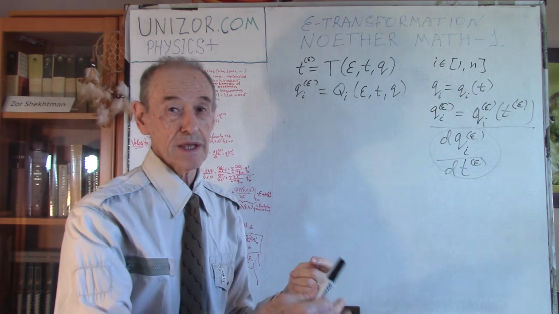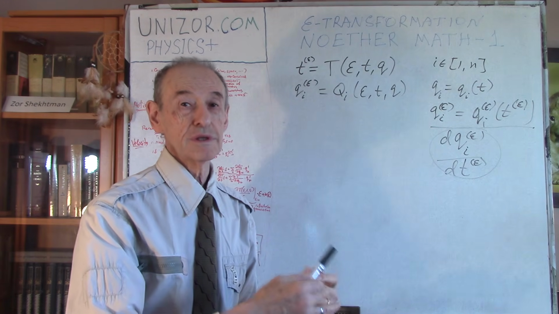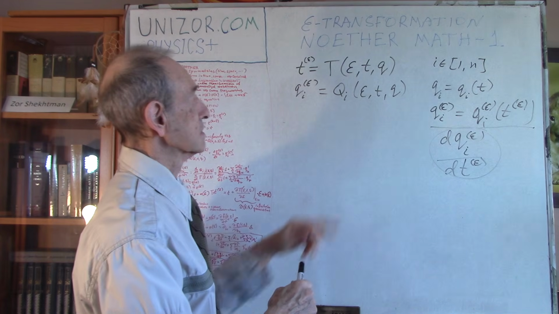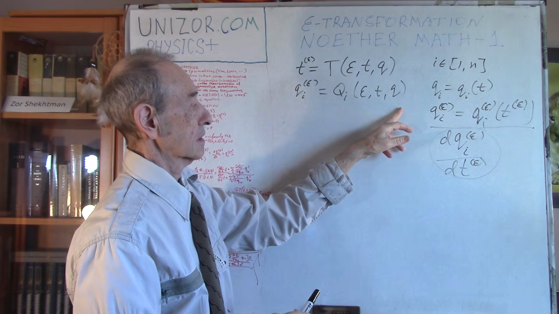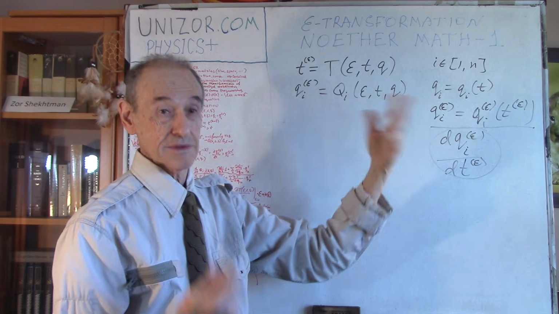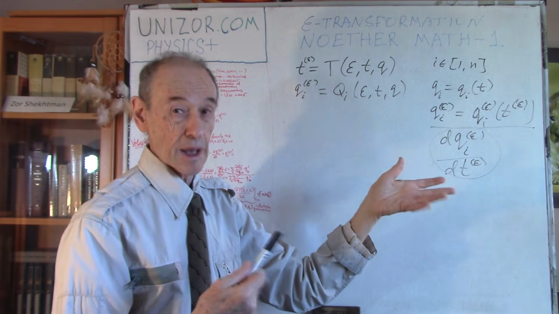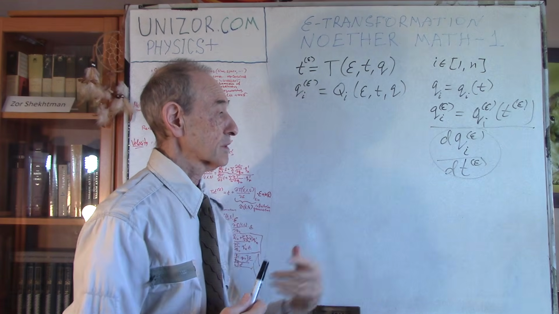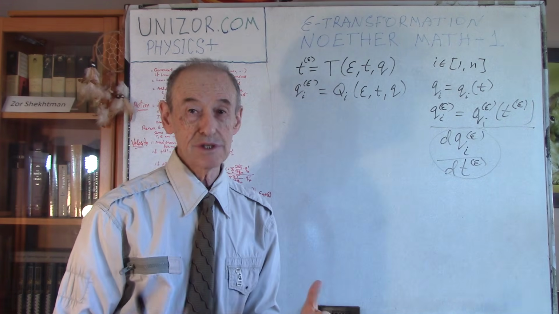So in the next lecture we will be able to use it as a component of the Lagrangian, because the Lagrangian depends on time, the generalized coordinates, and their velocities, their time derivatives. And without this one we cannot continue.